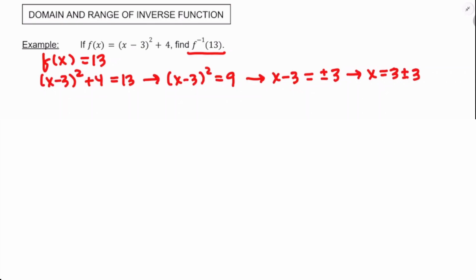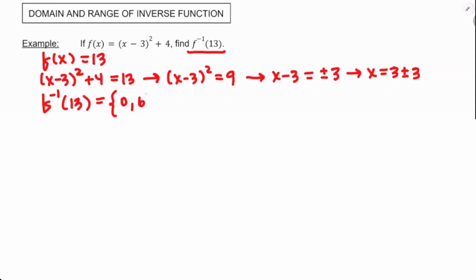What I might say about this is that f inverse of 13 returned me two values, 3 plus 3 and 3 minus 3. And in general, it's kind of a more topological view of an inverse. That's not going to happen in this class. There's always going to be a domain restriction in the statement of the question that precludes that from happening. I'm going to show you exactly what I mean right here.